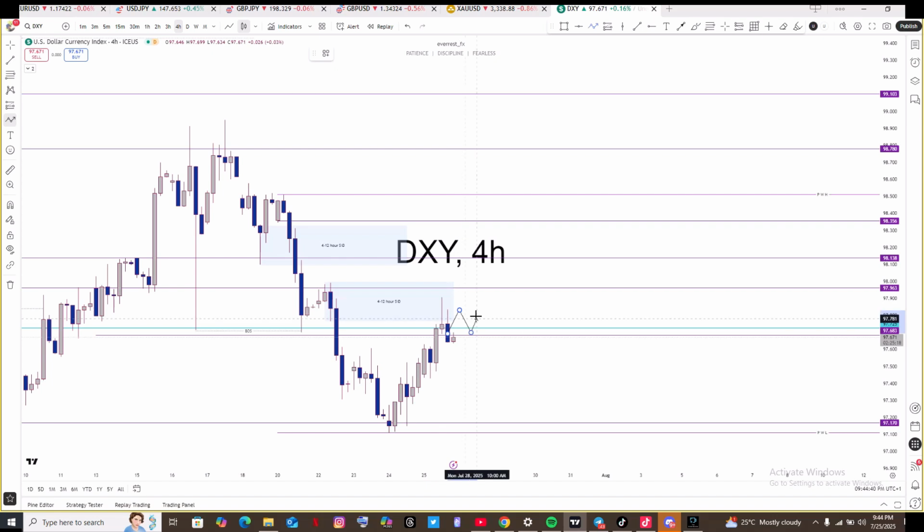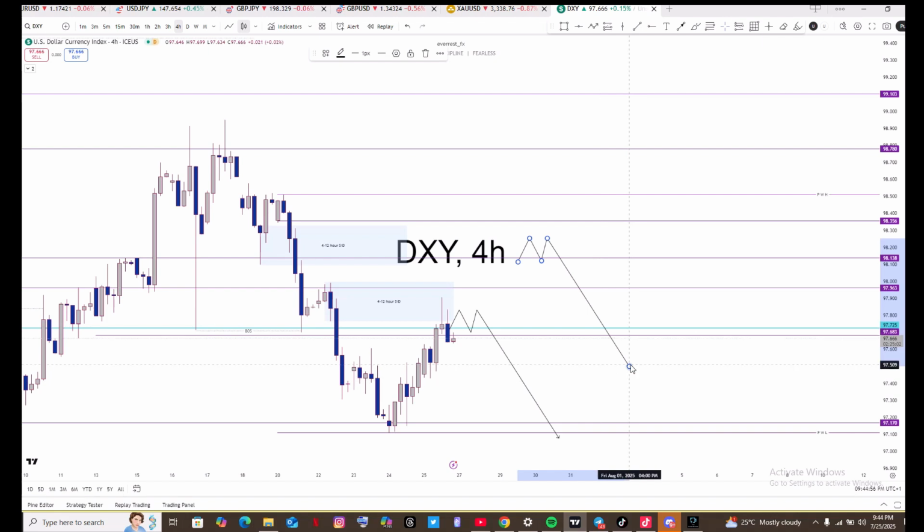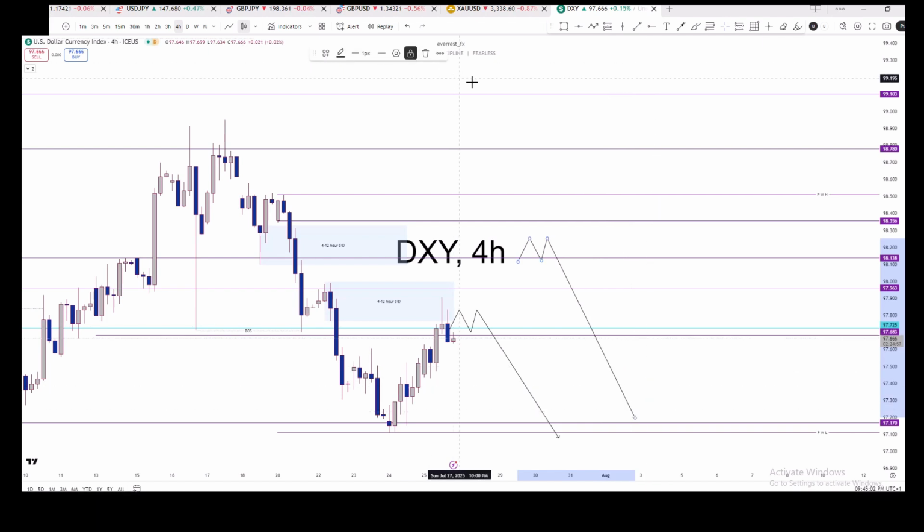So I'm expecting sales from this place down to break this low, or this place. So I'm expecting the market to sell from any of these zones on the XY.